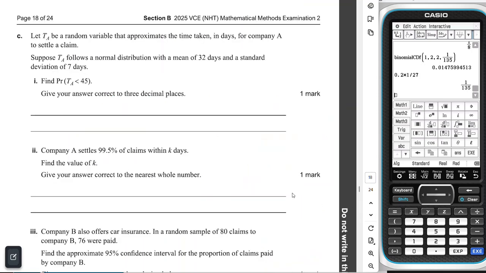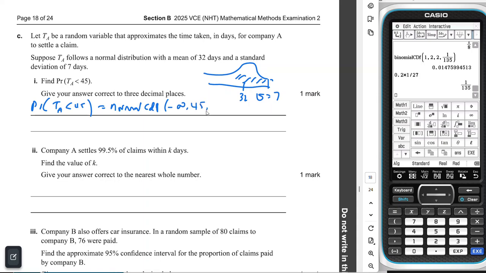Okay. Let T of A be a random variable that approximates the time taken for company A to settle a claim. So it's normal with a mean of 32 and a standard deviation of 7. Find the probability of TA being less than 45. So the probability that TA is less than 45 is going to be a normal CDF.